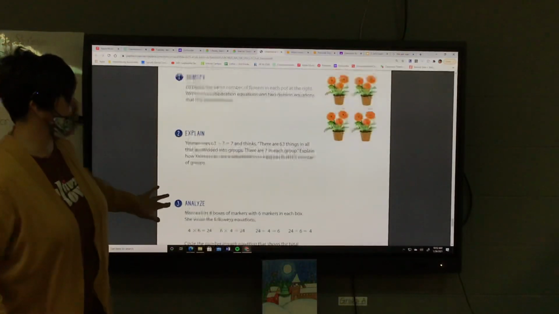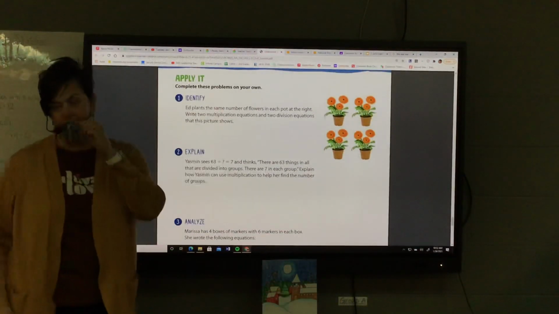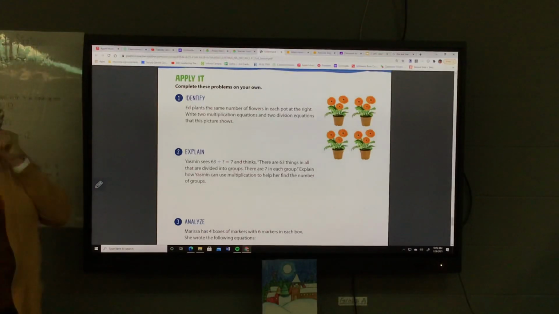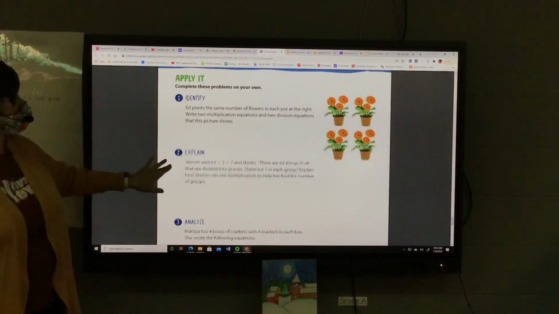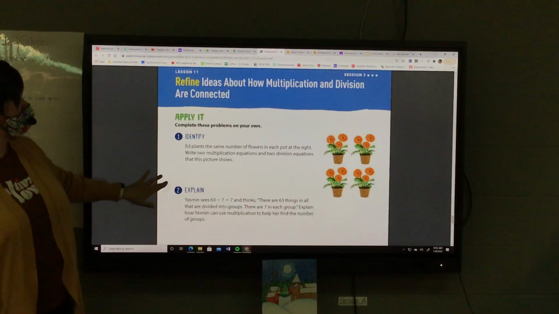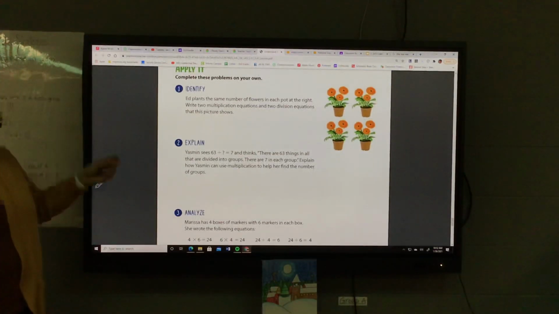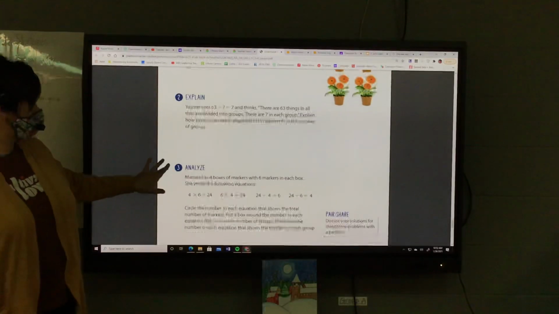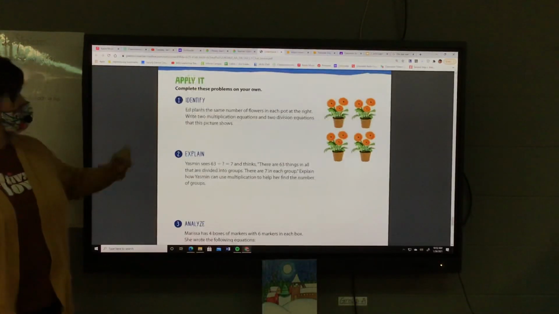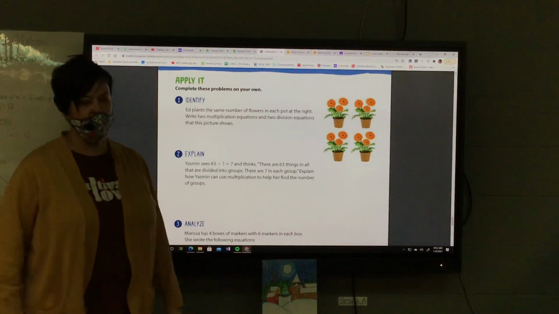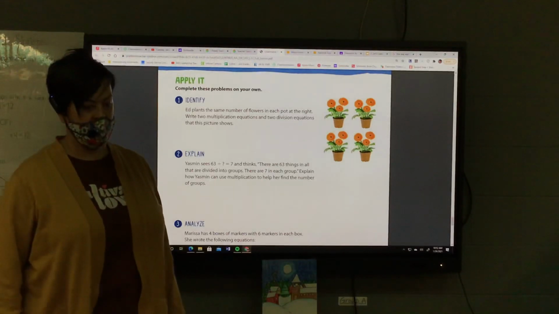We're now looking at page 247 that has the flowers and those flower pots there. It says complete these problems on your own.